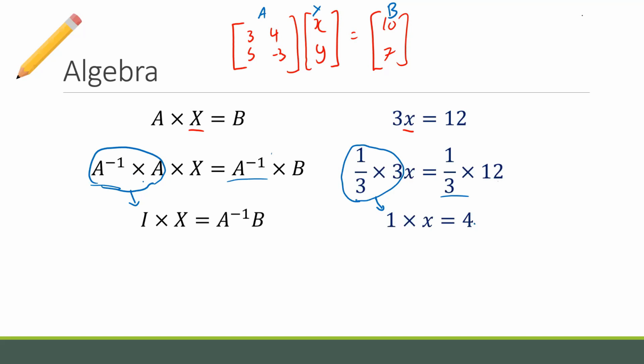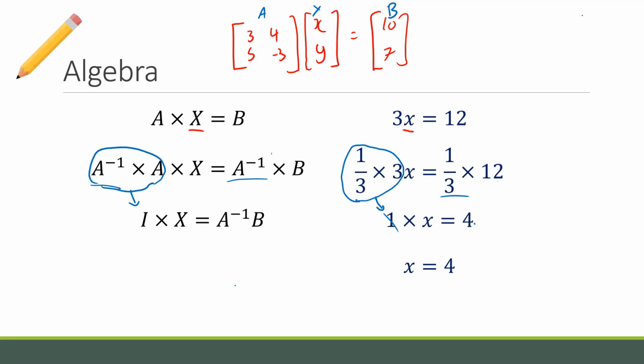Now, it just so happens that when you multiply anything by 1, it stays the same. So our final answer on the right is just going to be x equals 4. And on the left, it's going to be exactly the same thing. When I take the identity matrix and I multiply it by matrix X, it doesn't matter what matrix X is, it's going to be the same.